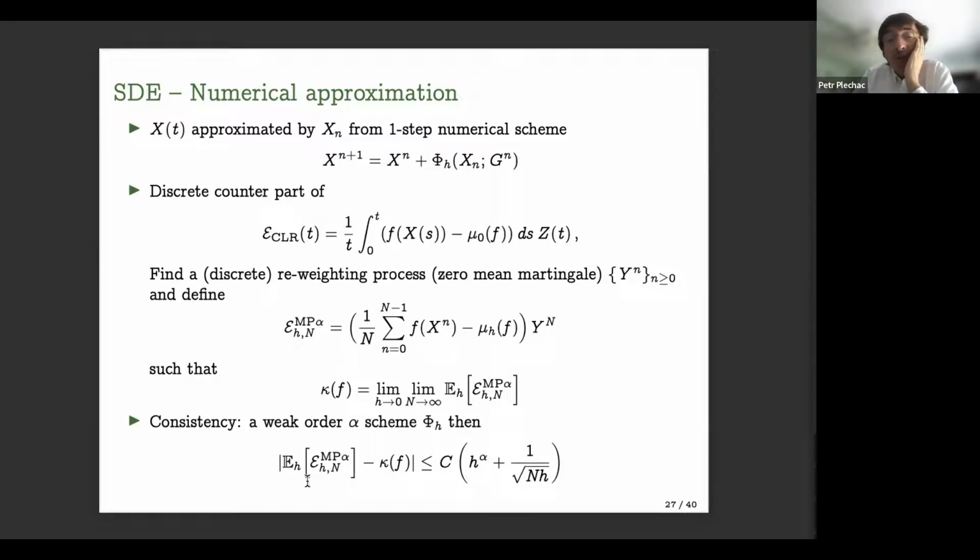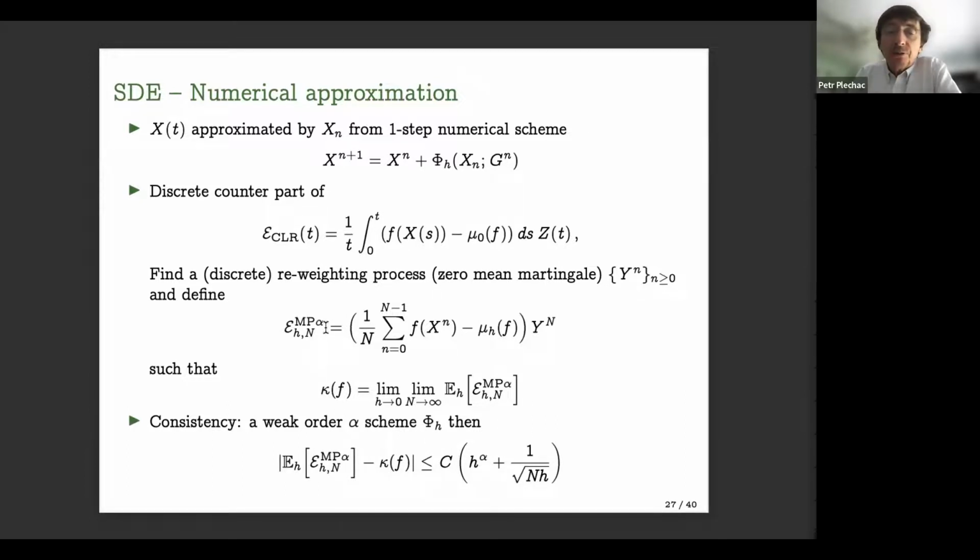We would like to see that the bias using this discrete version of our estimator has the same order as our numerical scheme.